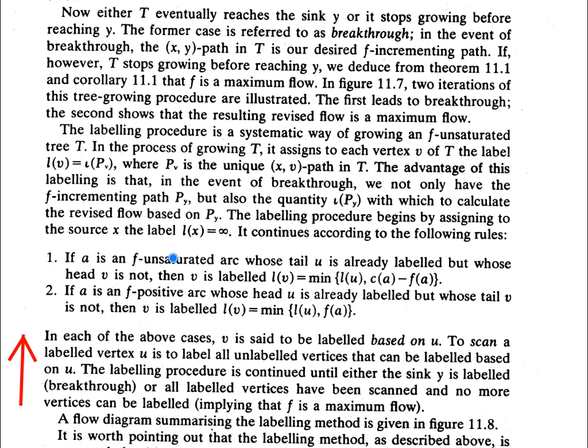And then along that path, you add that minimum. And so now you have made your flow grow, bigger than before. And then you can start back and see whether you have the possibility of another F augmenting path.